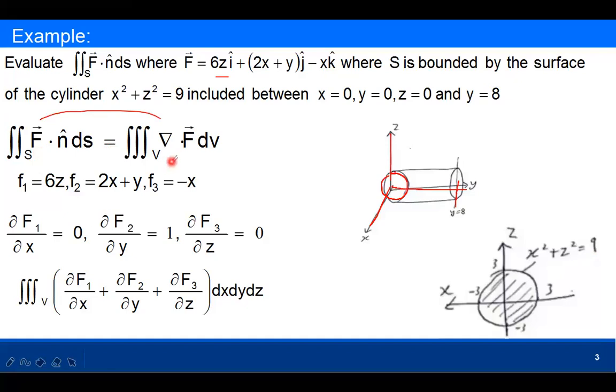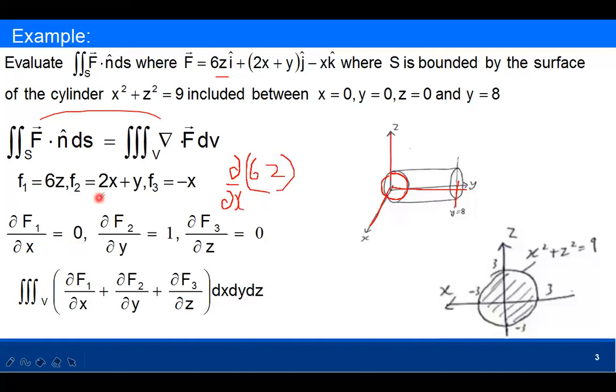So first of all you have to calculate del dot f bar. So del dot f bar equal to dou f1 by dou x plus dou f2 by dou y plus dou f3 by dou z. Now you have to differentiate f1 with respect to x partially. So dou by dou x of 6z: derivative of z with respect to x is 0.